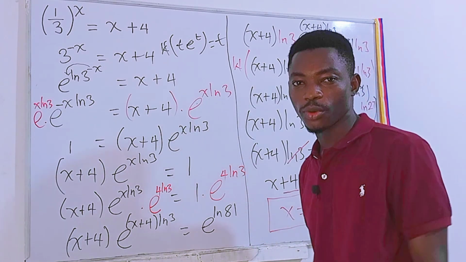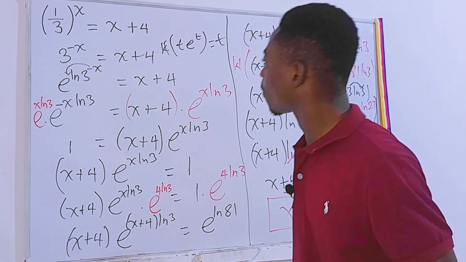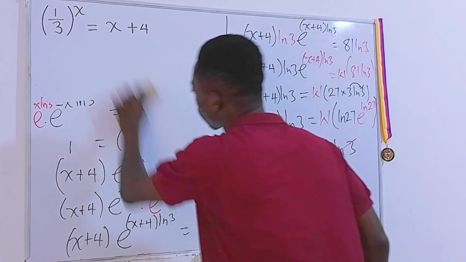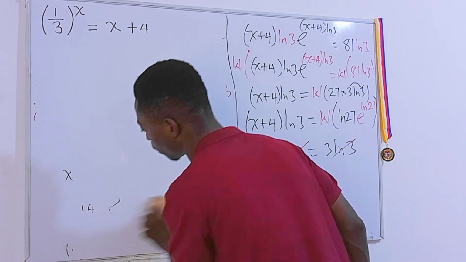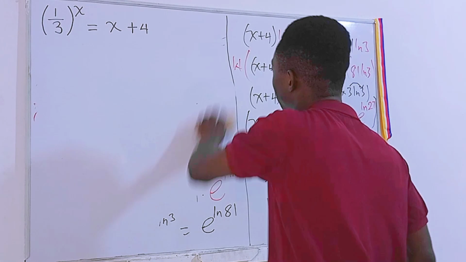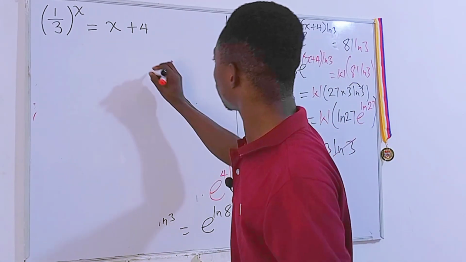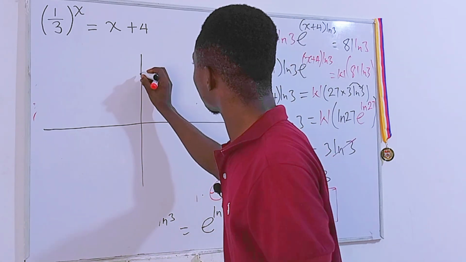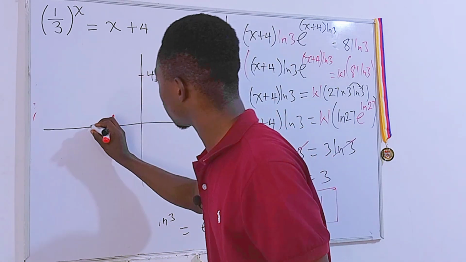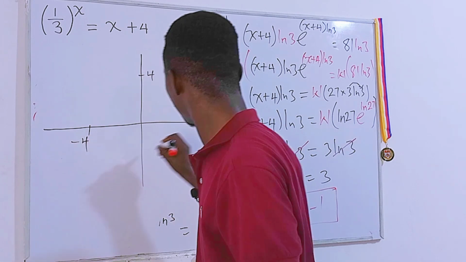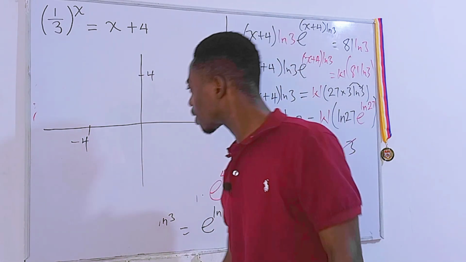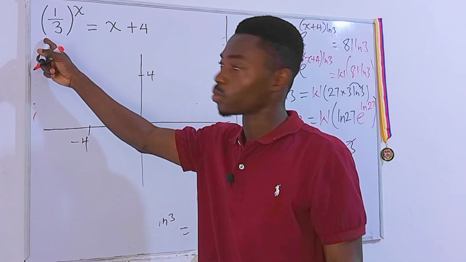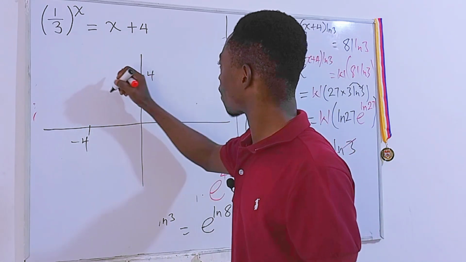And like I promised, I'm going to show you quickly how the graph of this function is actually going to look like. So quickly, I'm going to get rid of this one and then show you. In fact, if this is our Cartesian plane right here, let's say this right here is 4, this is negative 4, just like that. In fact, if we set this one right here to y, we are going to get something like this.